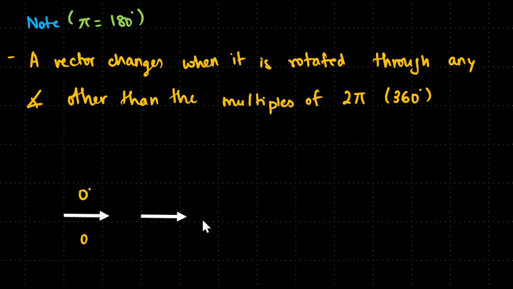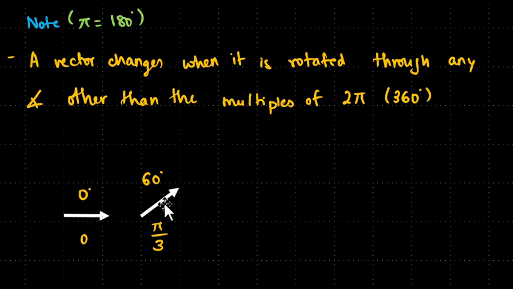Let's just take a few other cases as well. Since pi is 180 degrees, if we need 60 degrees, it's 180 by 3, right? So 60 degrees, and let's rotate this to make it 60 degrees with respect to this line, and this is pi by 3 radians.